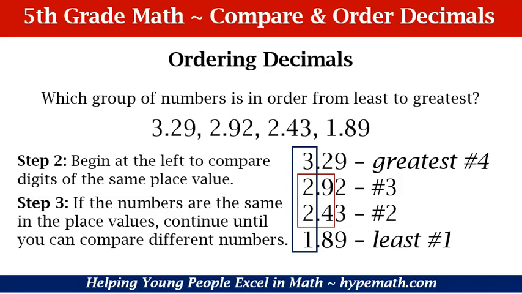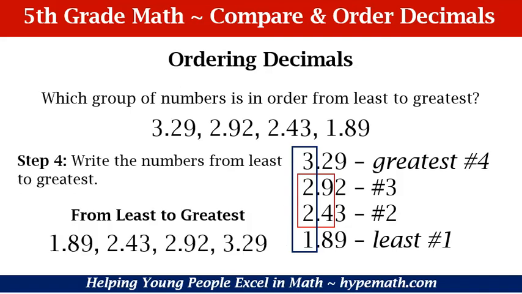The number that has the 4 is smaller than the number that has the 9, so that would be the second number when we're ordering from least to greatest. Then it would be the number with the 9, and last, the greatest number is 3.29.